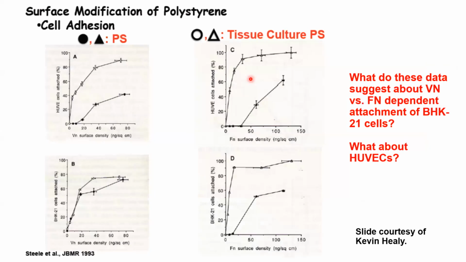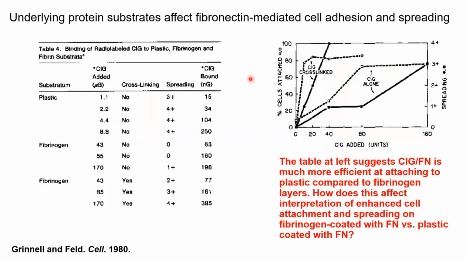So now we'll go forward to some more data from this paper. What this data is showing you is, if we measure the amount of CIG, which they're using as an acronym for fibronectin, bound to plastic versus bound to fibrinogen, the fibrinogen is actually worse at taking up and binding it than the plastic.